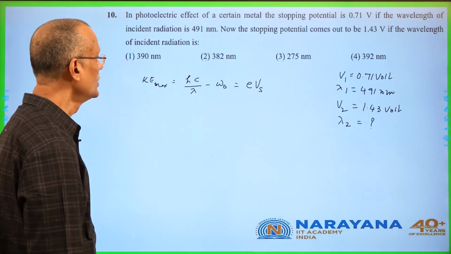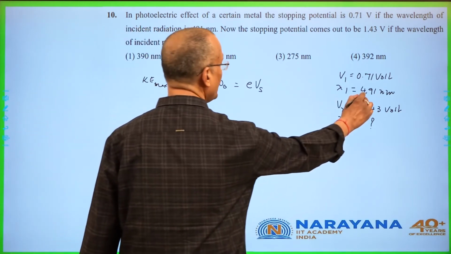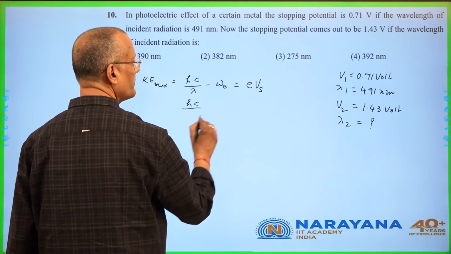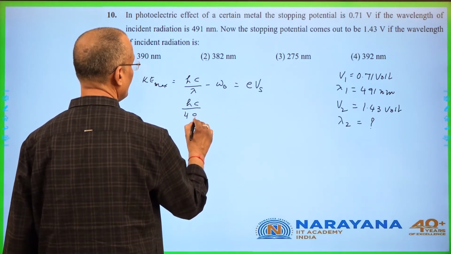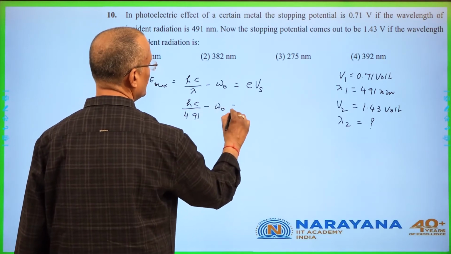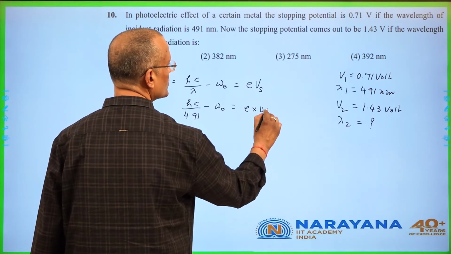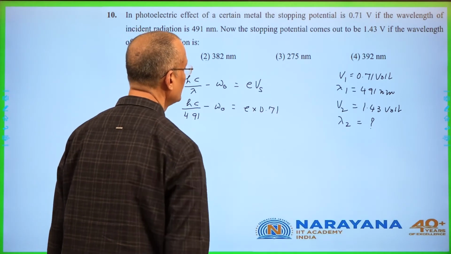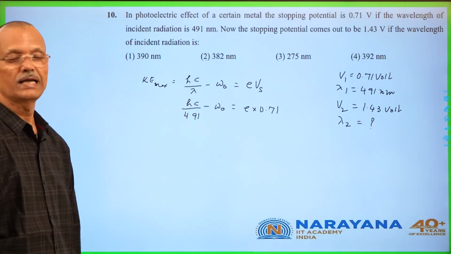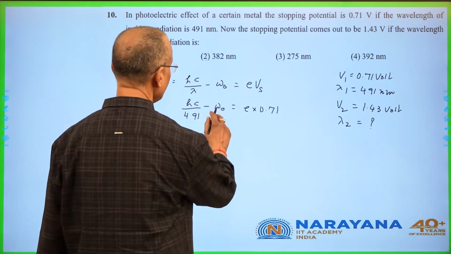Clear to you? So now you check here. First they had given you 491. So hc by 491, I am not changing the unit, minus W naught is equal to e into 0.71. Undoubtedly, if you remove the e, electron volt will be there. From this, you can find W naught.